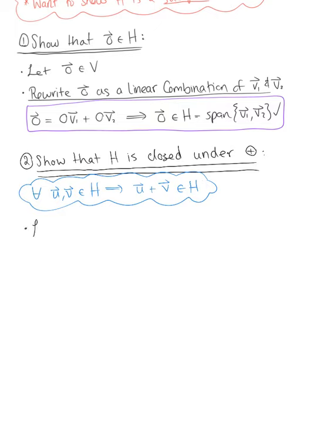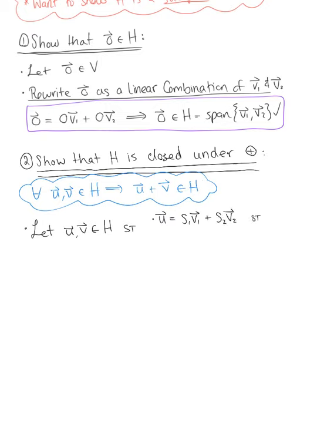So the first thing I want to do here is let vector u and vector v be two vectors in H such that they're defined as linear combinations of v sub 1 and v sub 2. So this will be such that vector u is defined as s sub 1 times vector v1 plus s sub 2 times vector v sub 2.